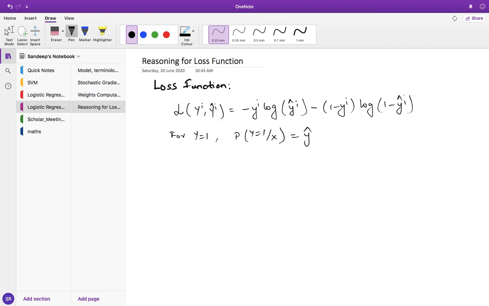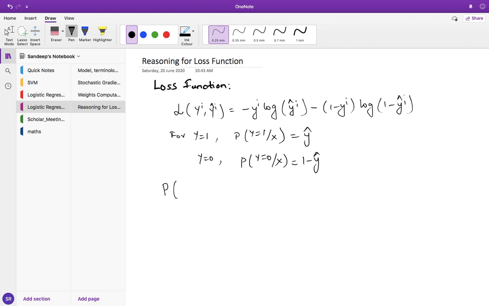And for y equal to 0, we have probability of y equal to 0 given x as 1 minus y cap. Okay, so here we have two expressions. We would like to write both these expressions as a single expression. Since we have already assumed that we are particularly focused on binary logistic regression, I'm assuming that there are only two classes, 0 or 1.